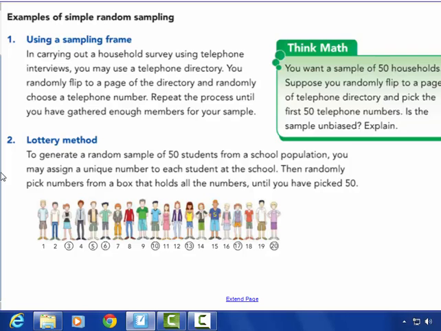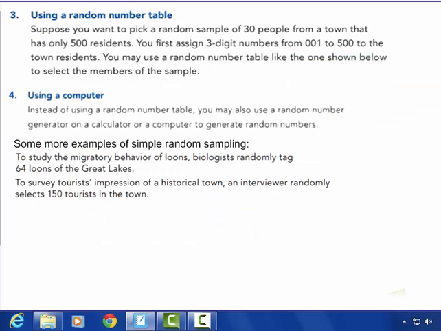So you could give people a number by giving them a ticket number. This could be hard to do if you have a really large population. That's what's called the lottery method. You could use a random number table and assign people a random number. Or you could use a computer that also could spit out some random numbers and assign people a random number.